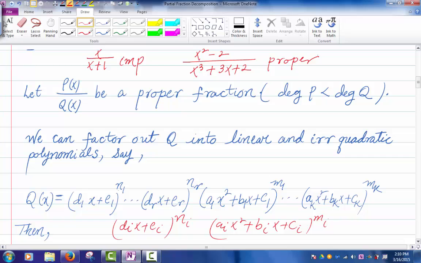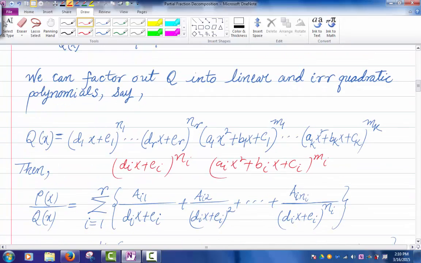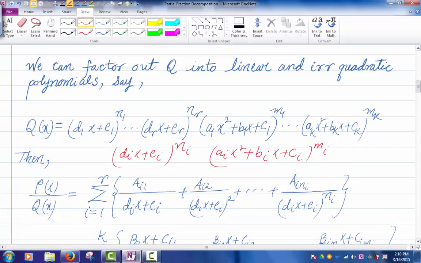Again, proper means degree of the numerator is strictly less than the degree of the denominator. Improper means degree of the numerator is bigger or equal to the degree of the denominator. Am I okay? All right. So that's what it means to say proper or improper fraction.